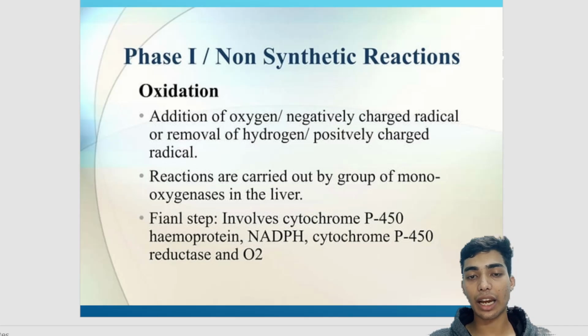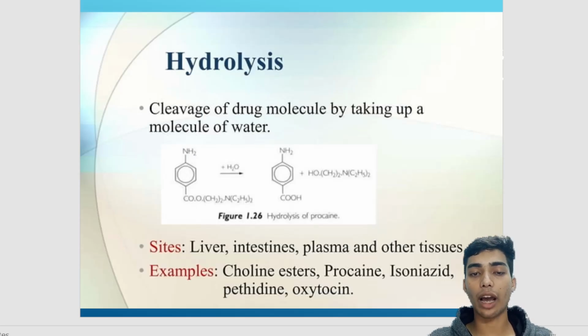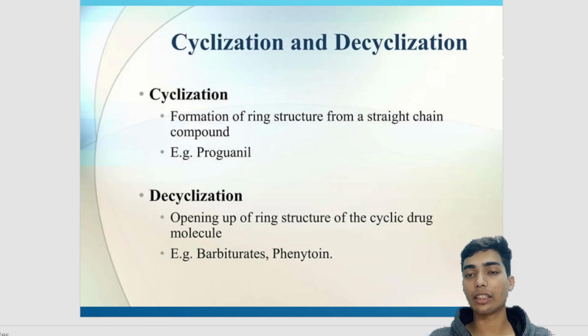It is basically addition of oxygen or a negatively charged radical, or removal of hydrogen or a positively charged radical. The oxidation reaction is carried out by the cytochrome P450 enzyme. Then we have reduction, which is the opposite of oxidation. It also includes hydrolysis and cyclization and decyclization reactions in phase 1.